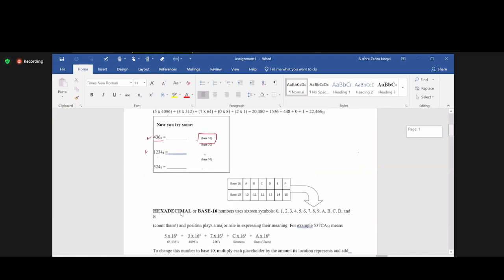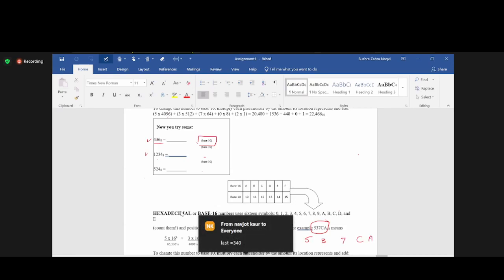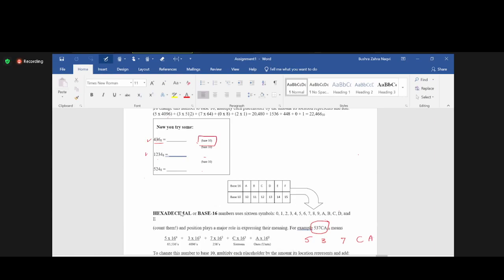This is the number I have: 537CA. I'm just rewriting it to have some space between. This is base 16. How do you know? Well, easy in this case because you have letter A there.